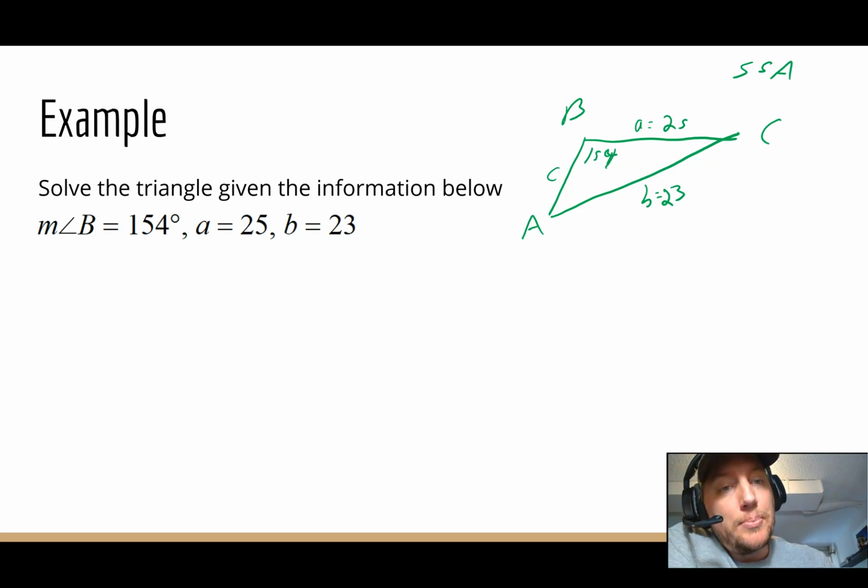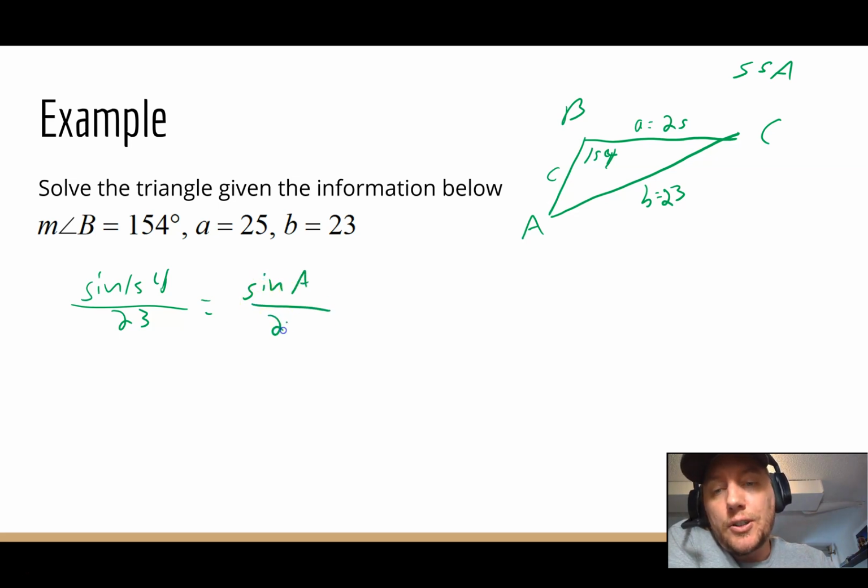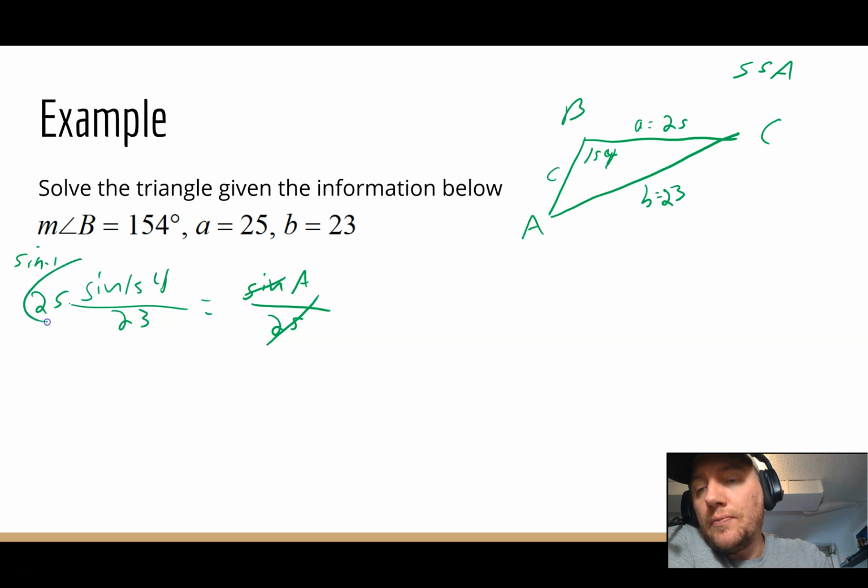Notice that I have both B's. So I'm going to do sine 154 over 23 equals, and then I have little a, so I'm going to solve for big A: sine A over 25. Multiply both sides by 25, and then cancel out the sine by doing inverse sine.